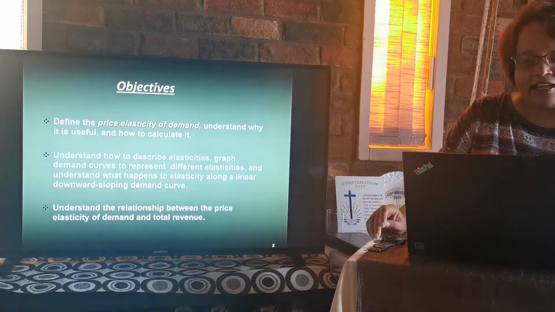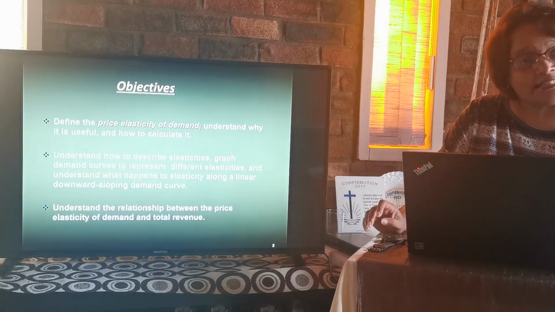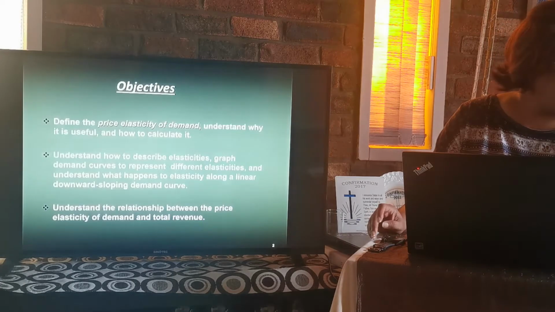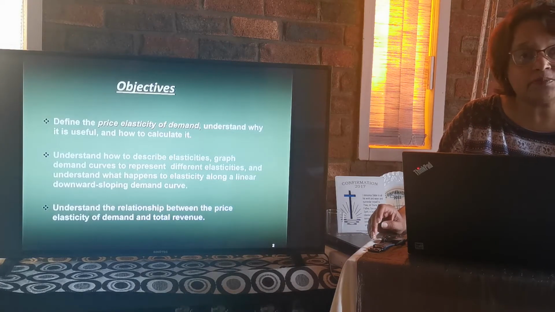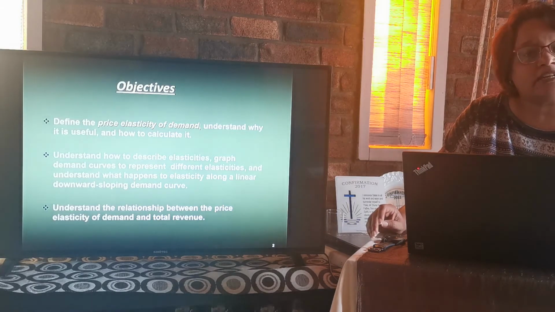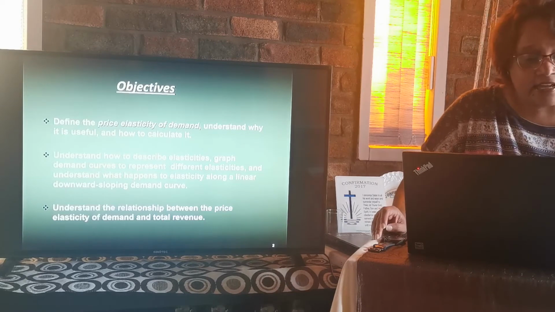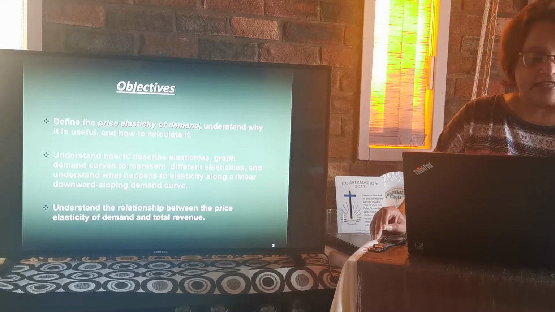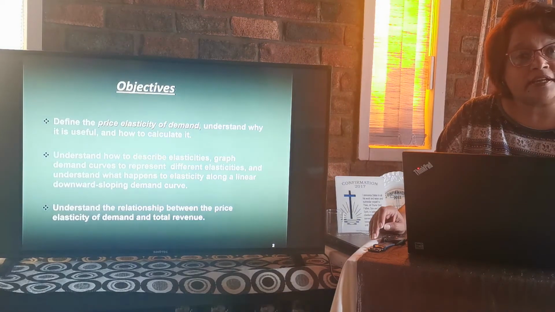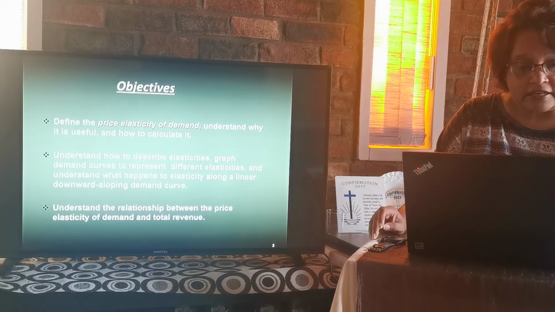It says there: define the price elasticity, understand why it is useful and how to calculate it. We're referring to page 30 in your textbooks, and after that we will understand how to describe elasticities, the different graphs, etc., and understand what happens to elasticity along a linear downward sloping demand curve.